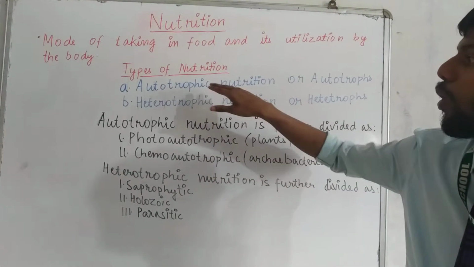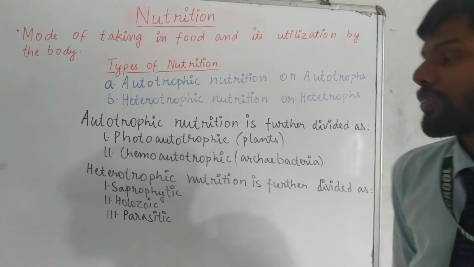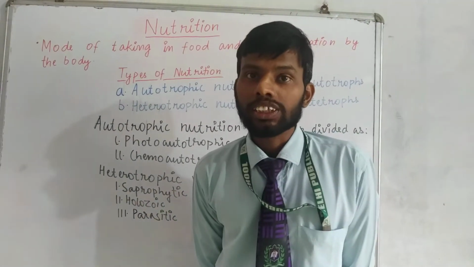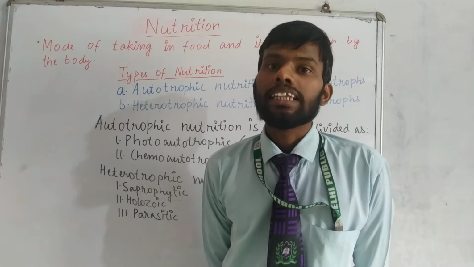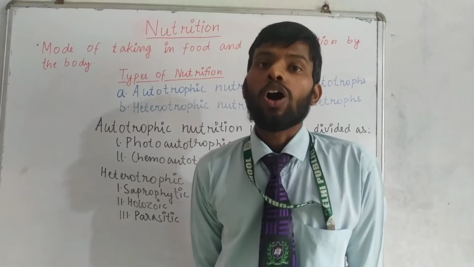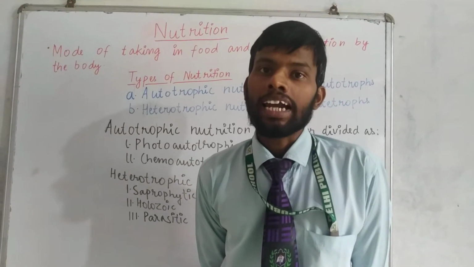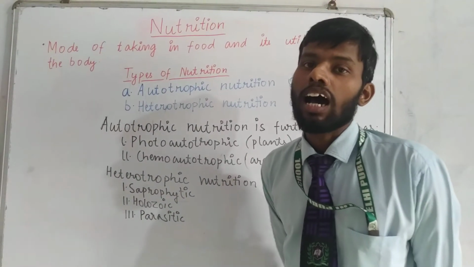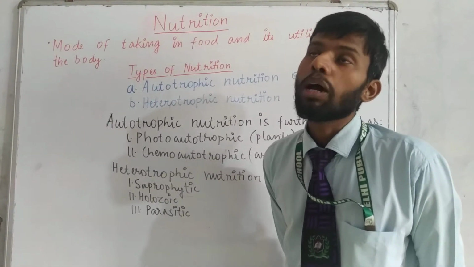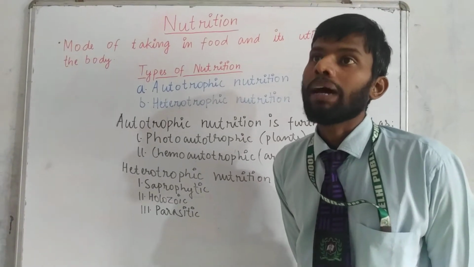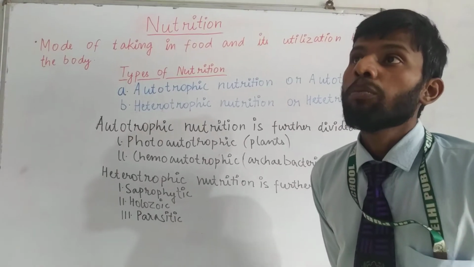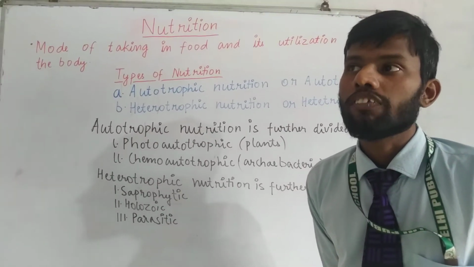First one is the autotrophic nutrition or the autotrophs. Autotrophic nutrition is that mode of nutrition in which organisms make their own food, and autotrophs are the organisms that prepare their own food. For example, plants manufacture their food by the process of photosynthesis, taking materials from their surroundings and producing glucose for their food.